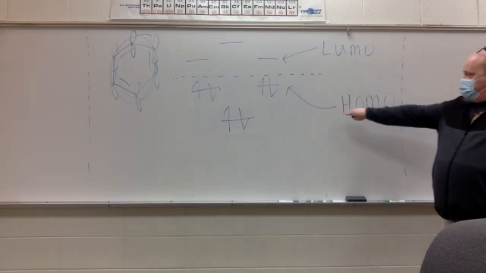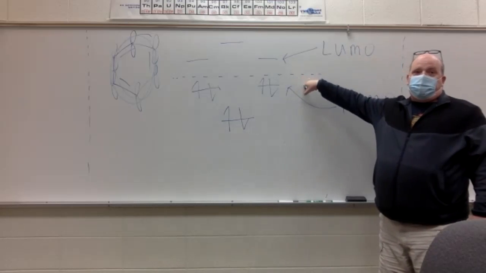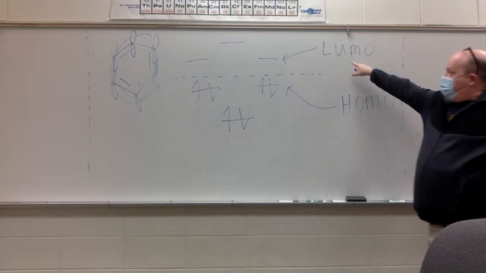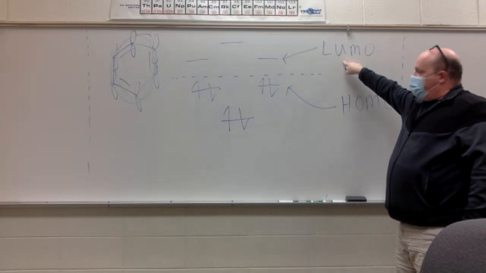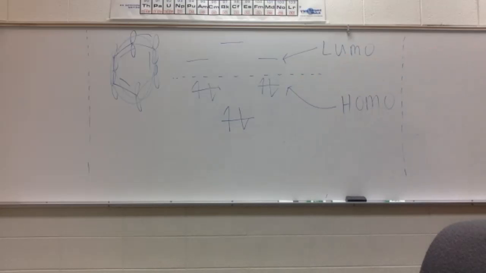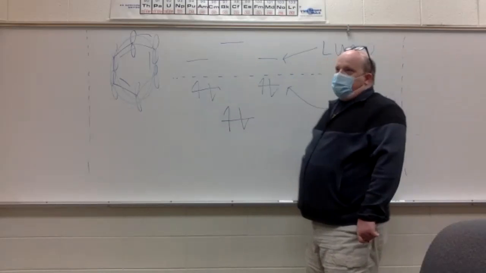All right. If your HOMO orbitals are completely filled and they're in the bonding region, that's good for stability. If your LUMO orbitals are in the anti-bonding region and they're completely unfilled, that's good for stability. It's when you get electrons starting to creep up here that causes instability.